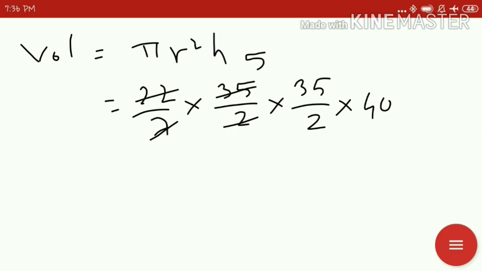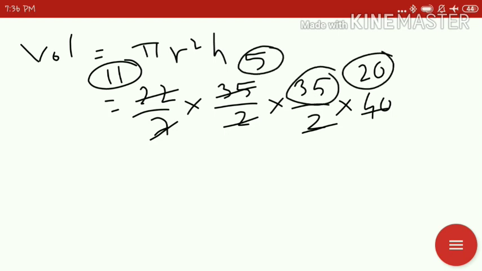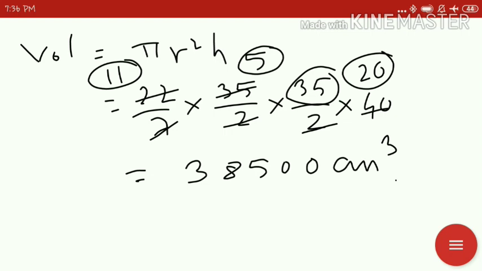So 2, 11 and 2, 20. Now multiply 11, 5, 20 and 35. Multiply all four numbers and you will get the answer as 38500 centimeter cube. That is the volume. Now match the solution yourselves and find out if you have any kind of problem.